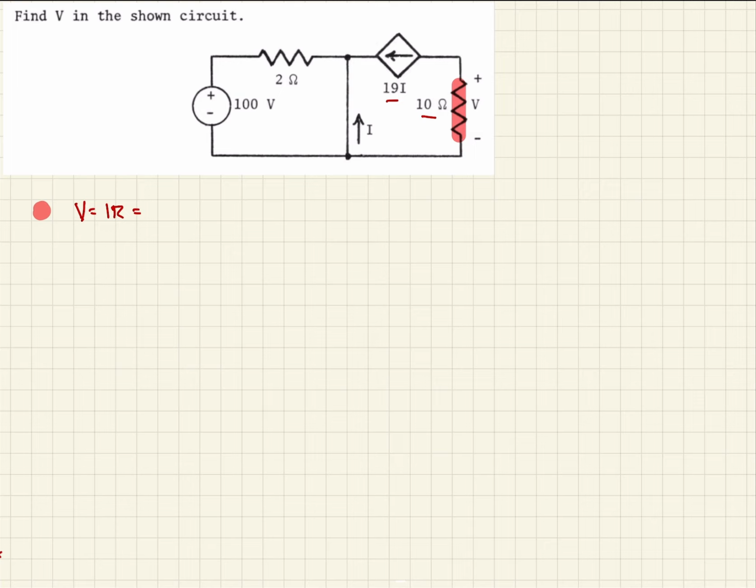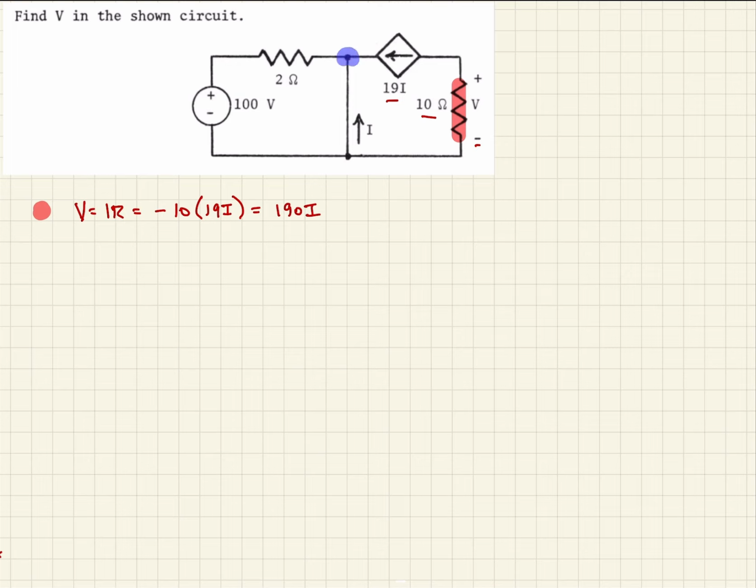And because the current is flowing in the opposite direction, if we take the direction of the current flow, we see it would hit the negative sign first. So it'll be a negative 10 times 19I. And when we calculate that out, that would be 190I. All right, so that's what we get from just applying Ohm's law to the resistor itself.